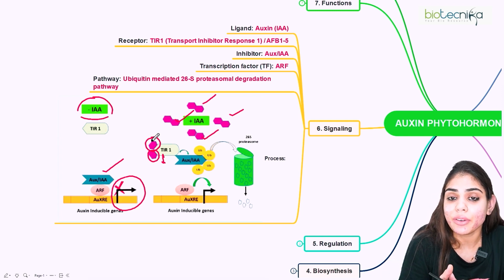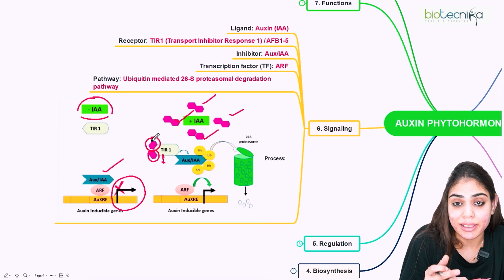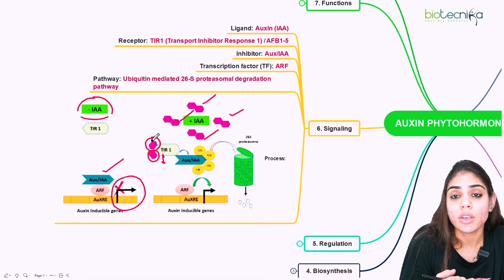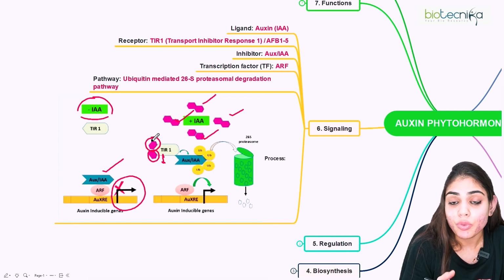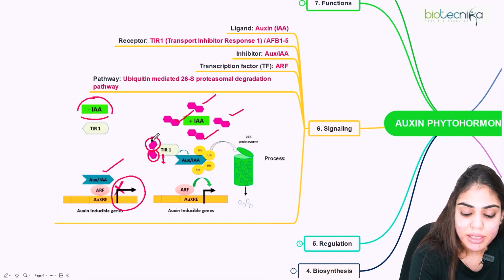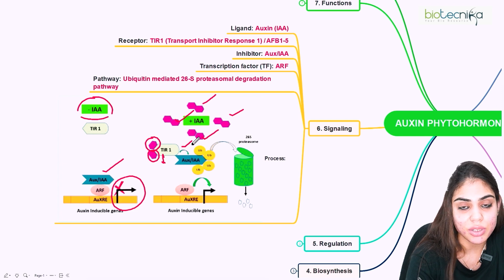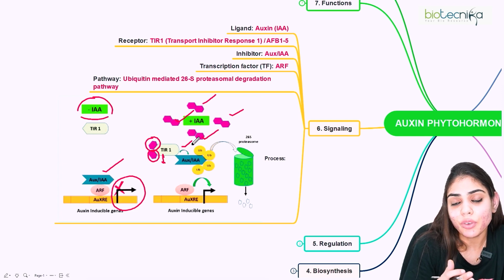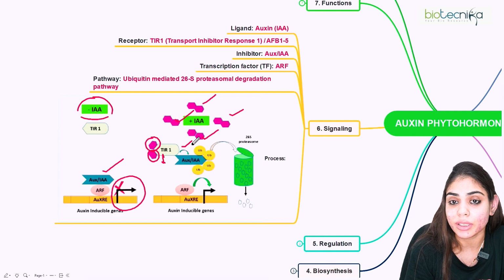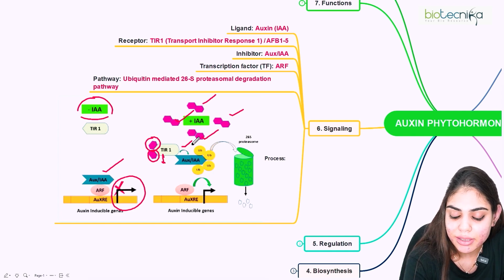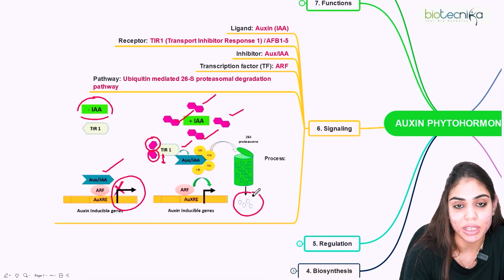Now what is the target for this receptor TIR1? It is Aux/IAA, which is an inhibitor for the signaling pathway. So you can see here, this TIR1 will add the ubiquitin tags to this target, that is the inhibitor, that will ultimately mark the protein for the 26S proteasomal degradation pathway. And here you can see the protein, that is the inhibitor, is degraded.